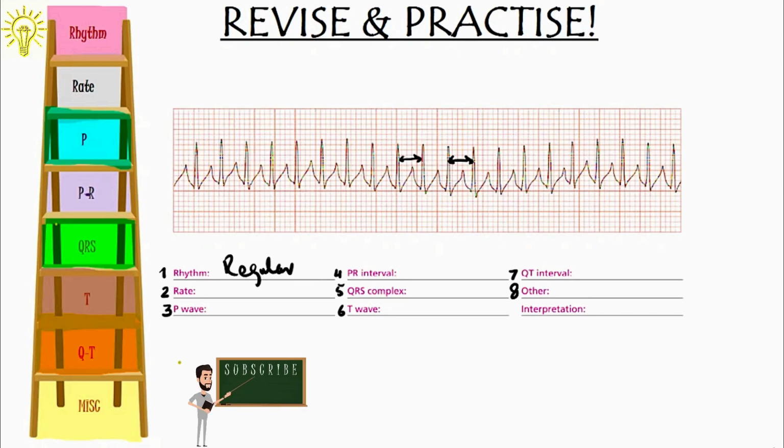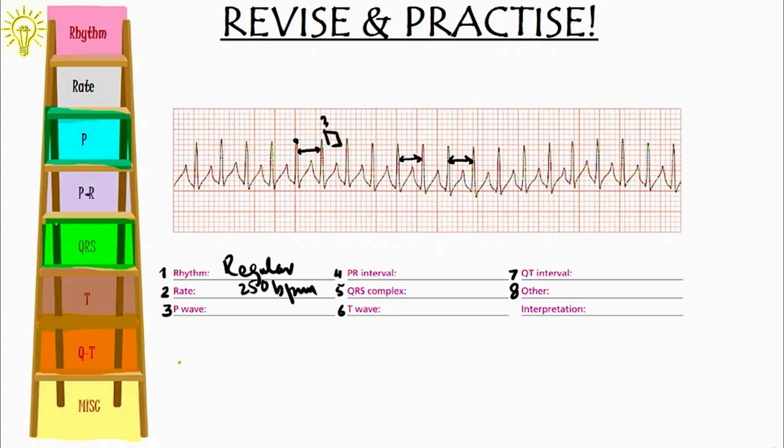I can take one QRS that is on a thick line and see where the next falls. There is one large box and almost one more, so the rate is roughly around 250 beats per minute. Since one large box is 300, two large boxes make 150.